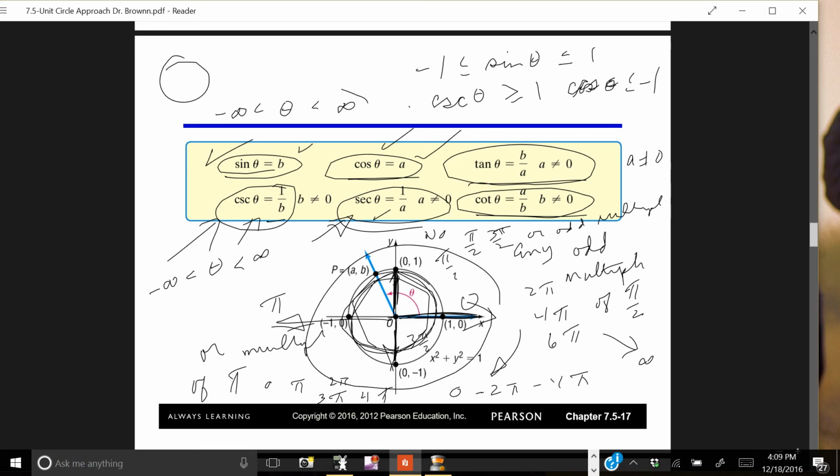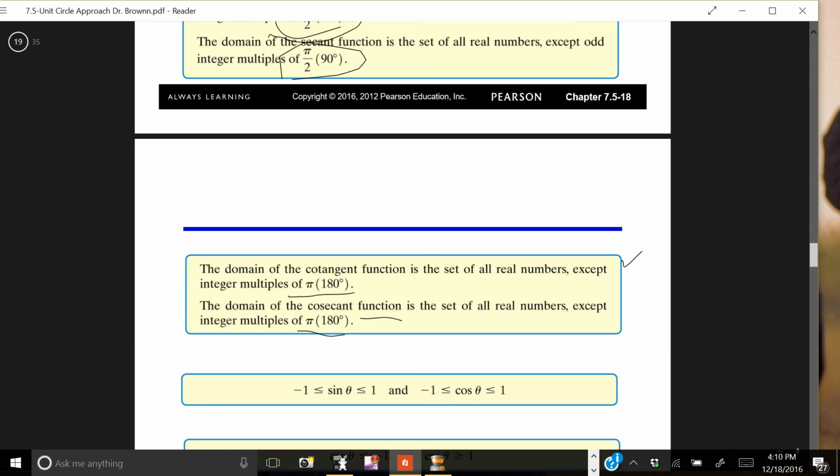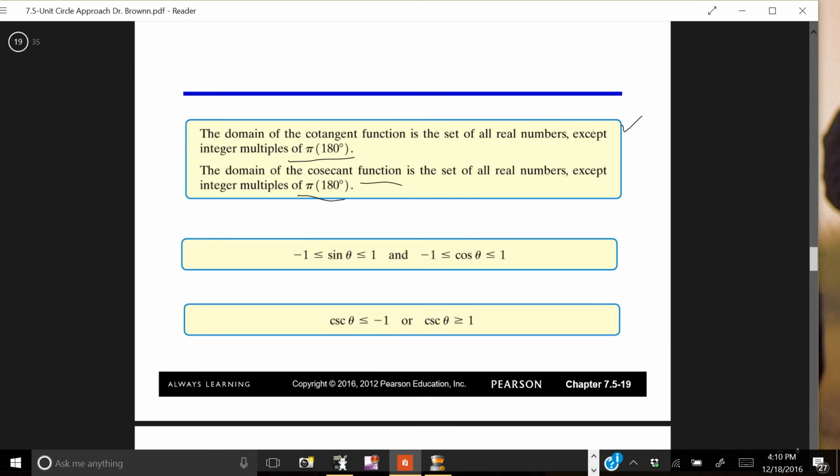Notice that for the tangent and cotangent functions, a and b can get very small, and so they can go from 0 to infinity and 0 to -infinity. So here we have that sine and cosine can never get smaller than -1 or bigger than +1. Cosecant has got to be more than or equal to 1, or less than or equal to -1.